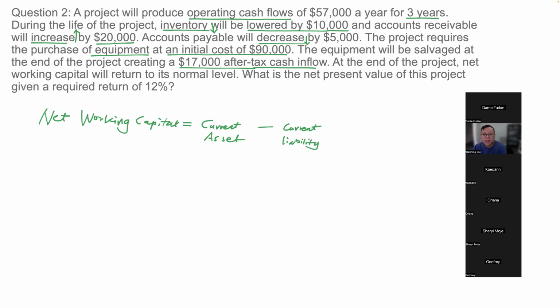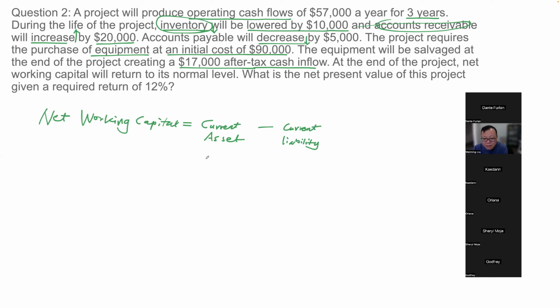In this case, I see inventory, accounts receivable, and accounts payable. There are three accounts. Which accounts are current assets, and which one is a liability? Accounts receivable, AR, is a current asset.